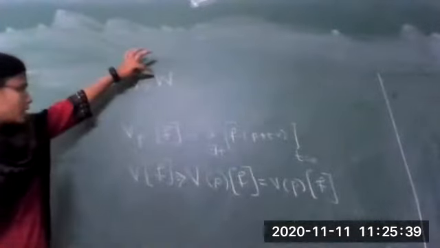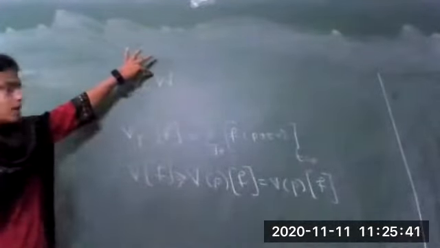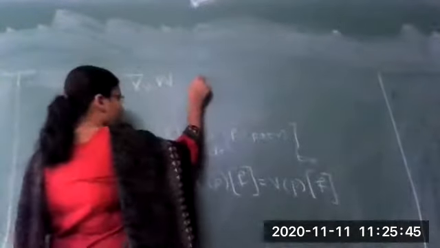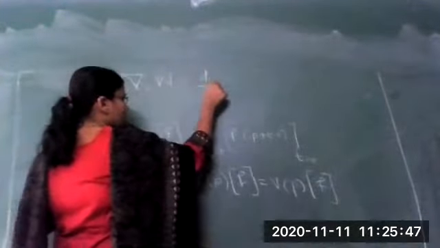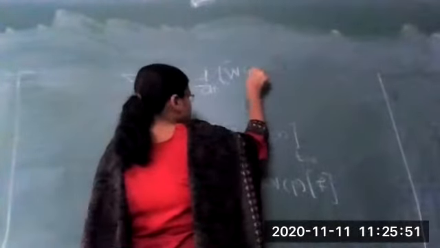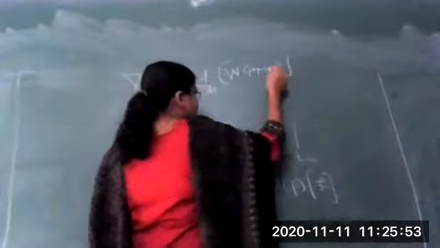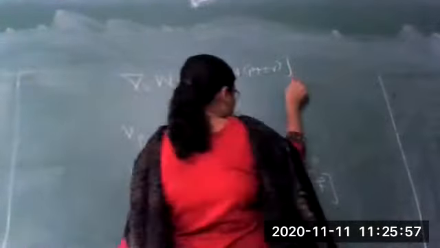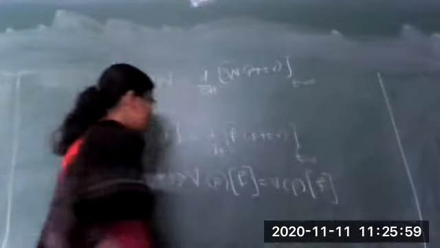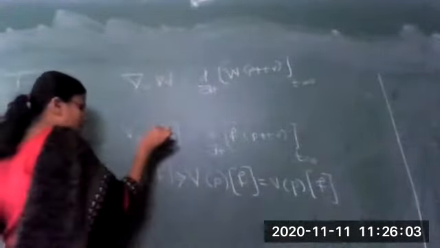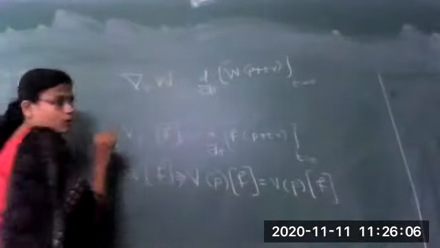But here we have to find the rate of change of a vector field with respect to a tangent vector, which is equivalent to finding d by dt of W of p plus tv.